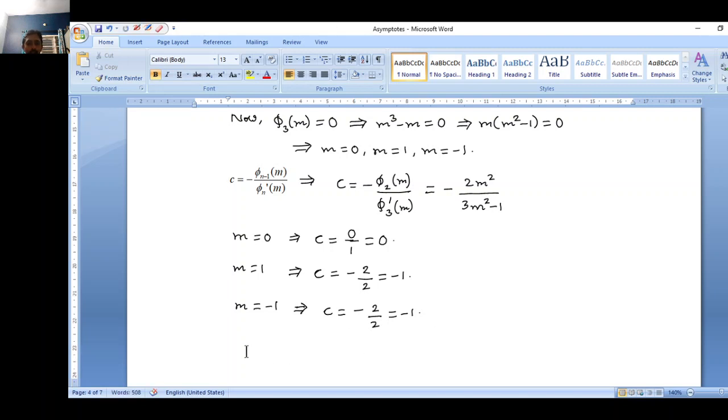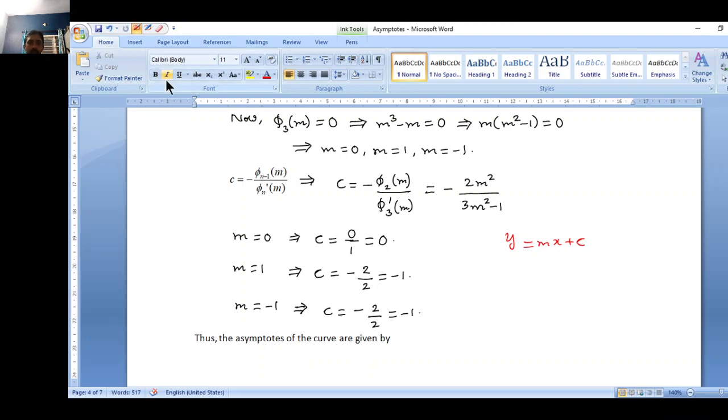Therefore, now we say that the asymptotes of the curve are given by, how do we find asymptotes? As I mentioned earlier, the equation of the asymptote has to be of the form y equals mx plus c.